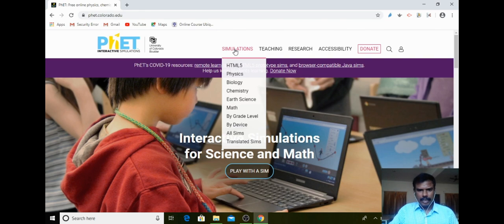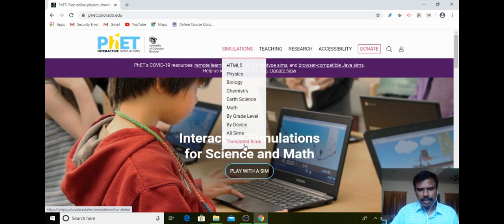You can see the list of categories. You can see the simulation content material for biology, chemistry, earth science, and mathematics, or you can select the materials by grade level. For example, 10th standard, 11th grade or 12th grade, or higher education or informal education, or you can select by device, or you can select all simulations.